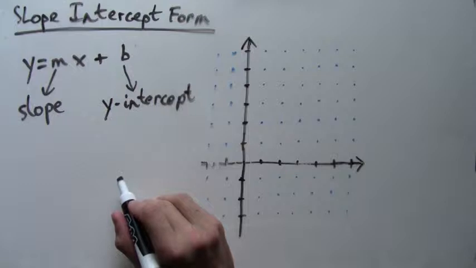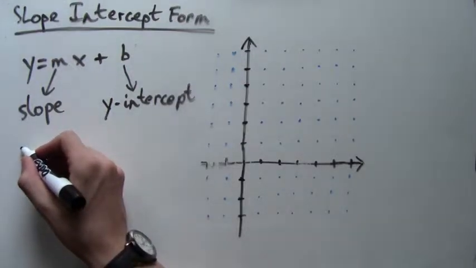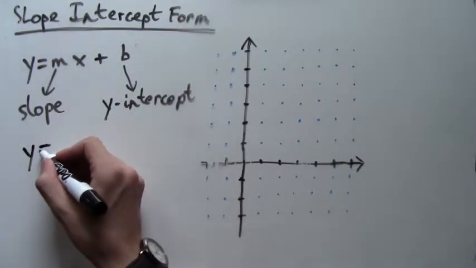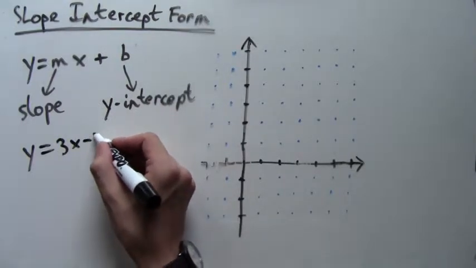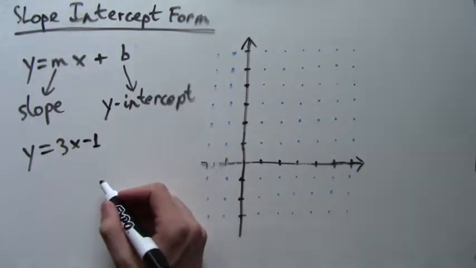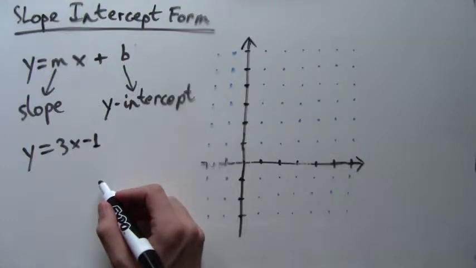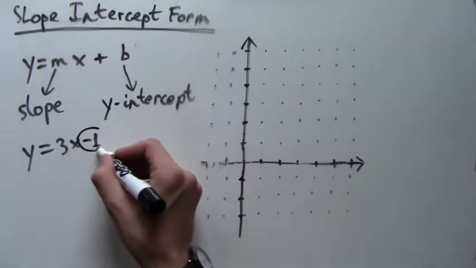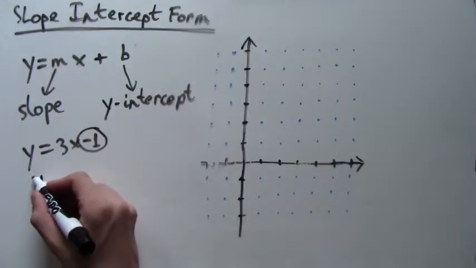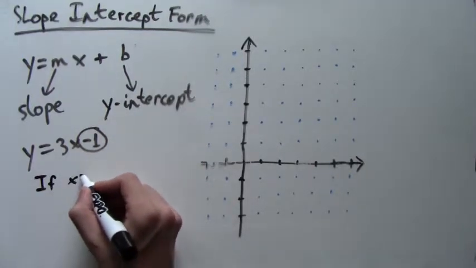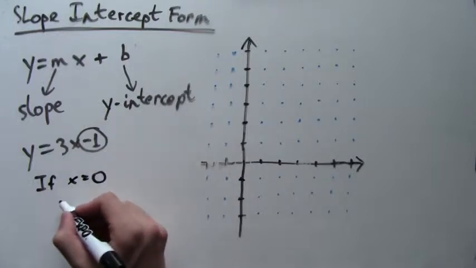Now, how do we use this to graph a function? Let's take y = 3x - 1. I will show how to use slope and the y-intercept to graph it. Now, the y-intercept, that is b, is -1 in this case.